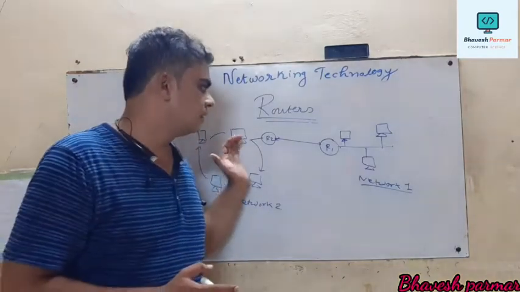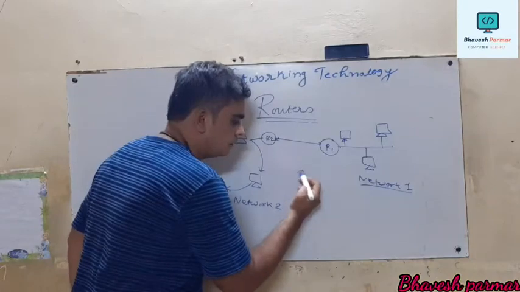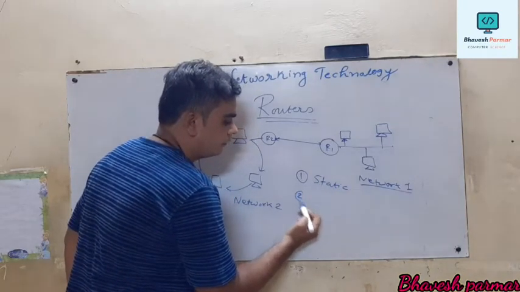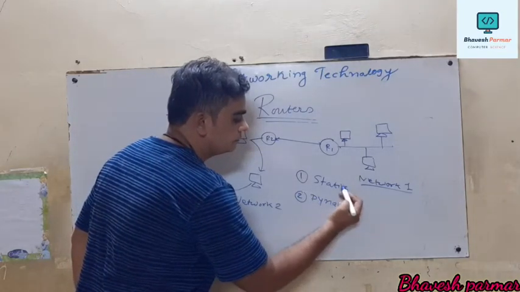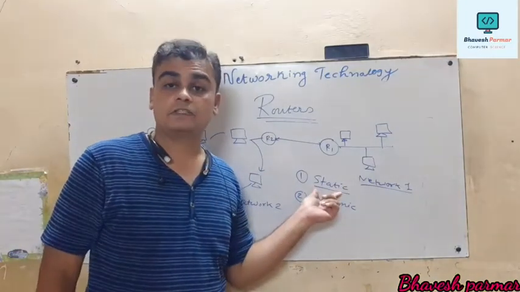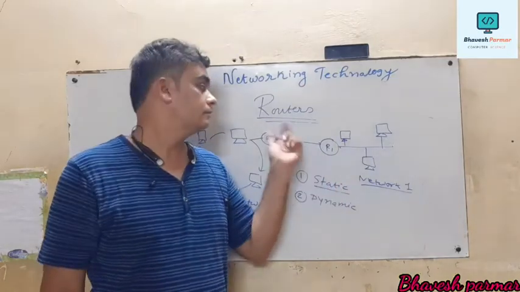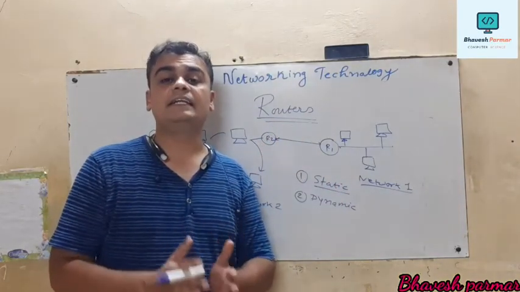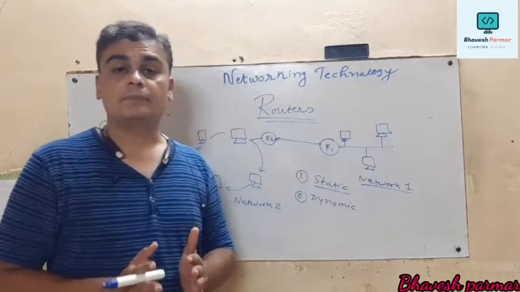So if we consider the types of router, there are two types of router. First one is static router and the other type of router is dynamic router. Let me discuss the first type, static router. In case of static router, the router does not use any smart intelligent circuit to transfer the data. Means what happens, guys?